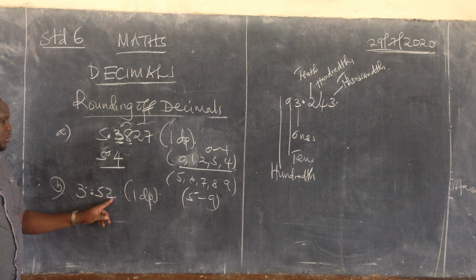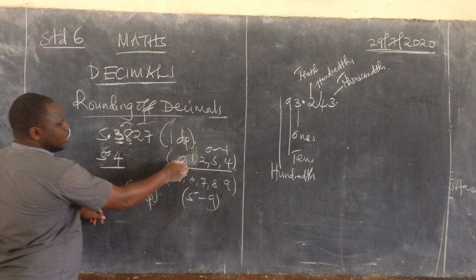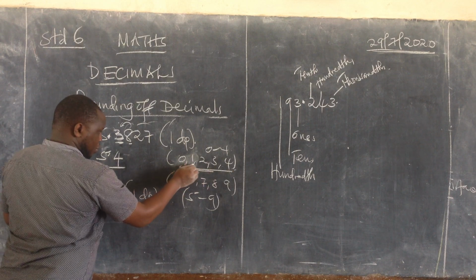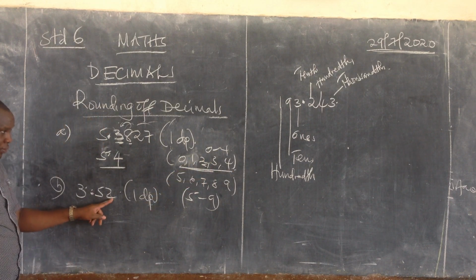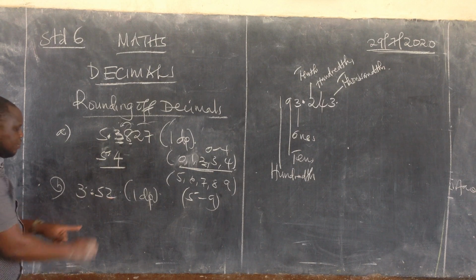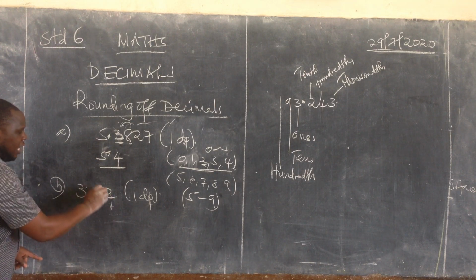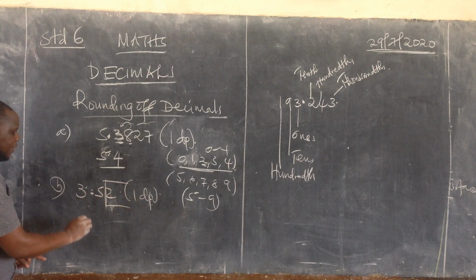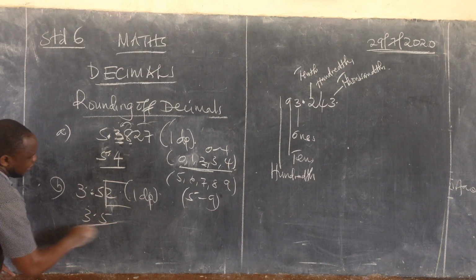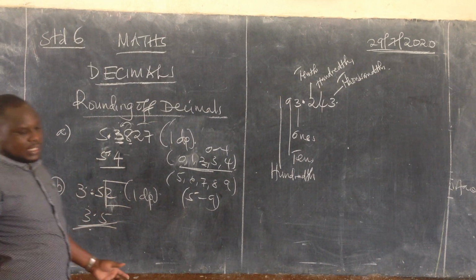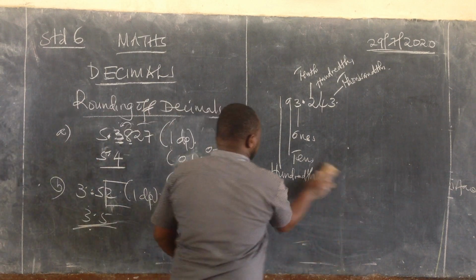The next number lies between 0 and 4 because 2 is found between 0 and 4. So this does not change, and you ignore the rest completely. You remain with 3.5.